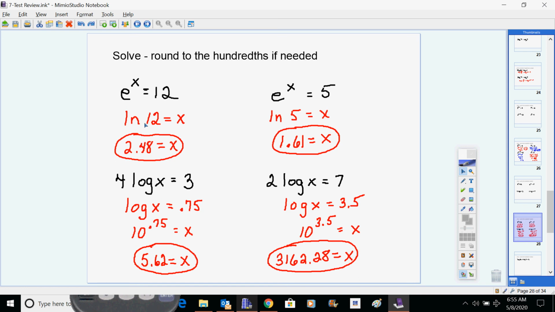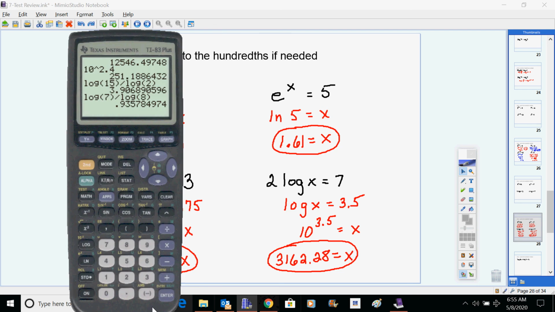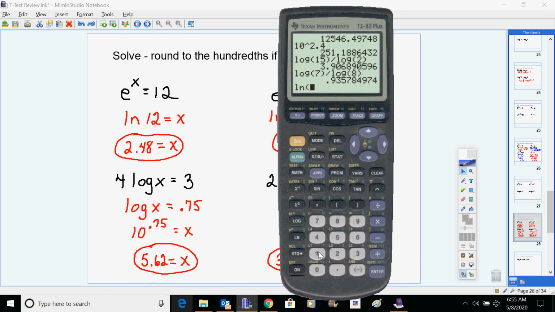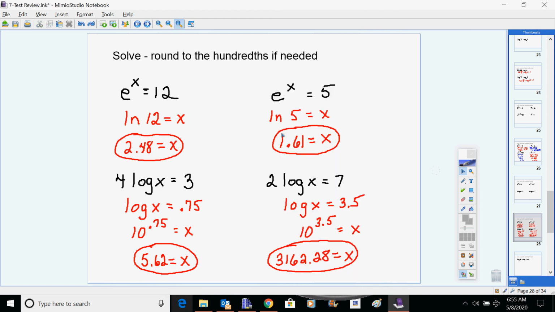This is natural log, so directly in your calculator you just use your natural log button. Natural log of 12. So 2.485 if you were doing that.